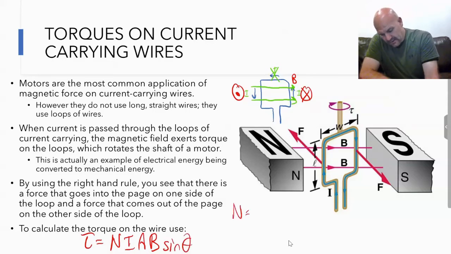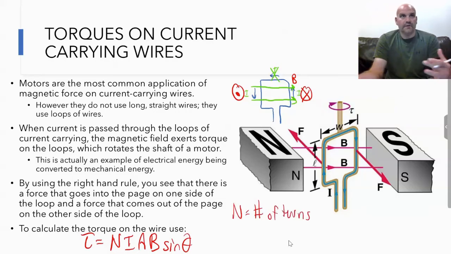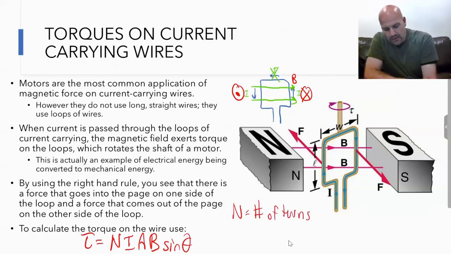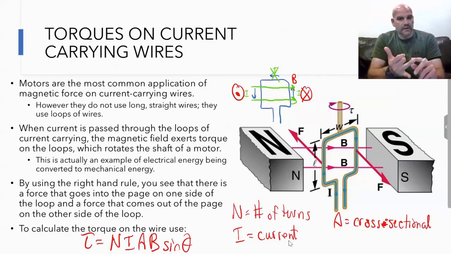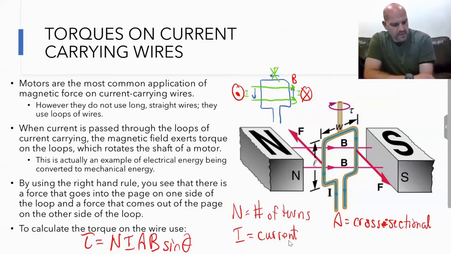N is the number of turns. It could be 1, it could be 200, it could be 5,000. I is the current. A is the cross-sectional area of the current carrying loops. It could be a circle, or in this case, a square. And B is the magnitude of the magnetic field strength.